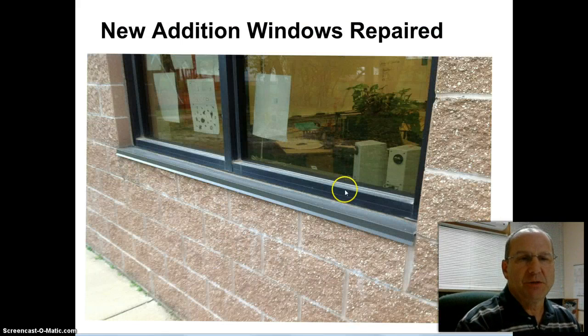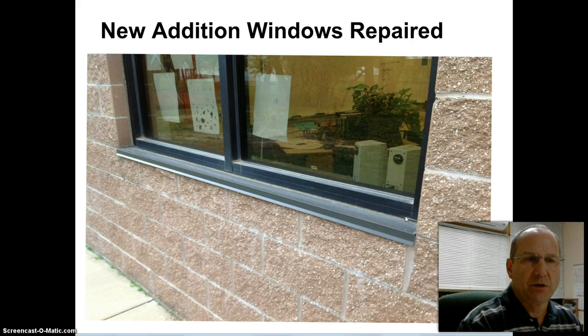Another project that we just finished is these windows on a new addition of our building that was built about 7 years ago. These windows have leaked ever since they were put in. This picture was taken before the work was done, but these windows have all been caulked and resealed. One of them was replaced.